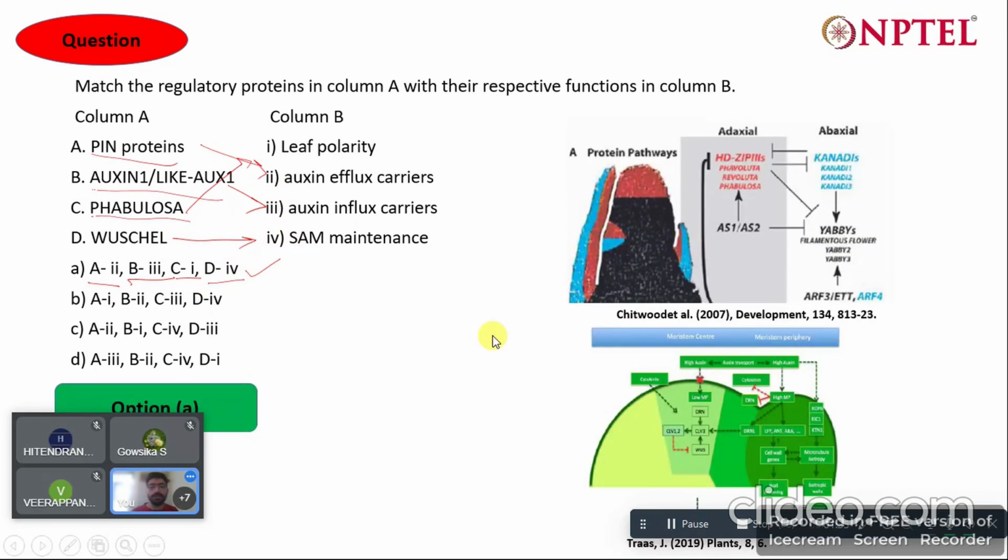Like I said just now, fabulosa is involved in the polarity of the organs, specifically adaxial polarity, and Wuschel is important for, sorry, SAM maintenance.